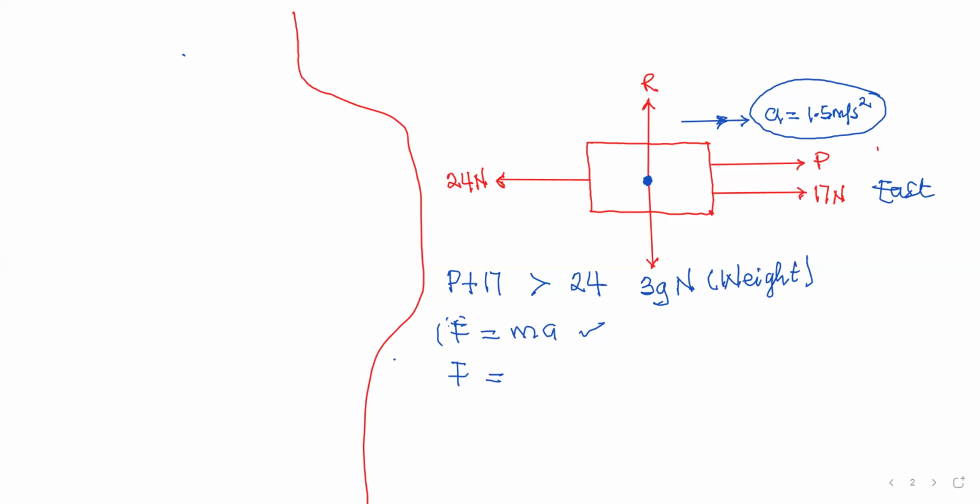Weight is equal to mass times acceleration due to gravity. So if the weight of the body is 3g Newton, we equate this to mg. What will be the value of m?